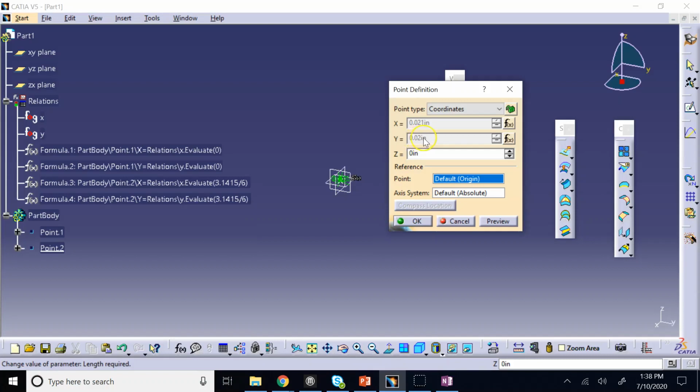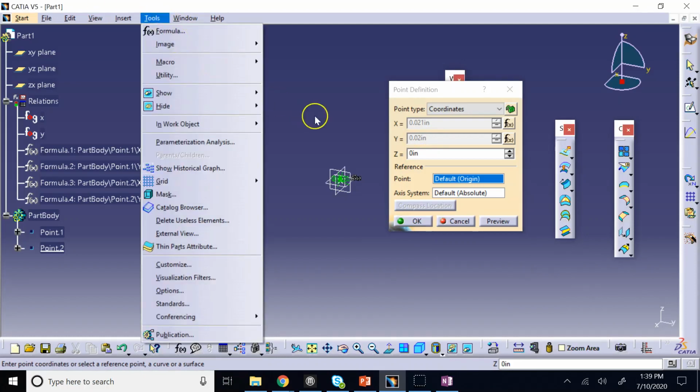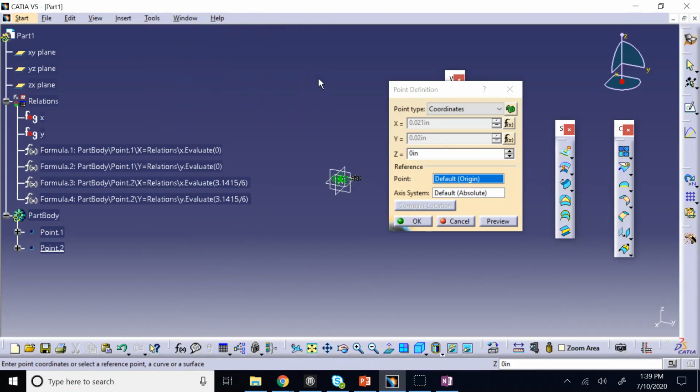Oh, 0.02 inches, fine. The unit for y was in mils. This is converted into inches. Why? Because my default of units is in inches. If it was in mil, then I should have half a mil. Okay, so the reason it is this small number is because it's converting mil to inches at the same time.